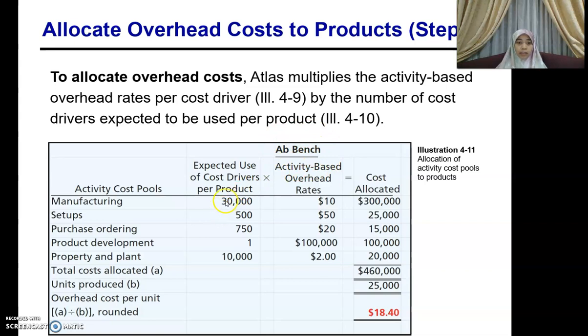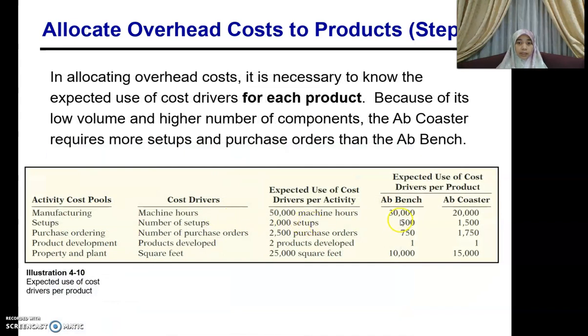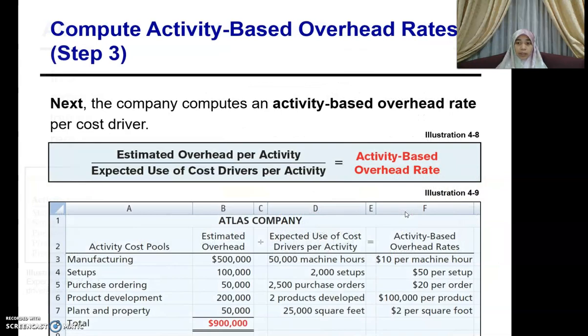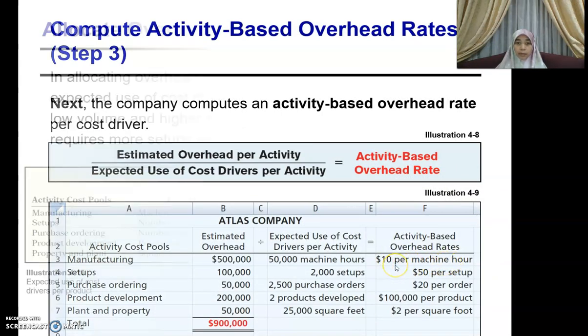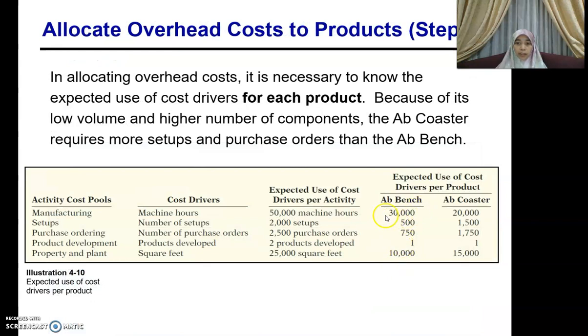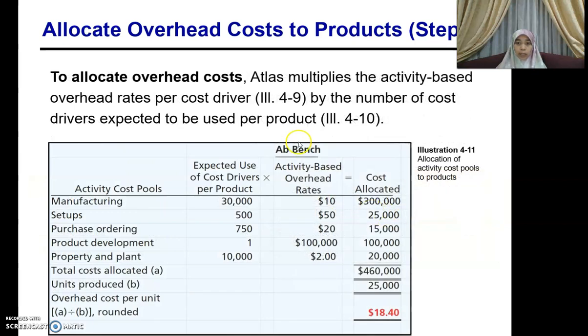App Bench requires 30,000 machine hours, and the rate is 10 ringgit per machine hour. So to work out for App Bench, 30,000 machine hours times 10 ringgit per machine hour will give you 300,000.